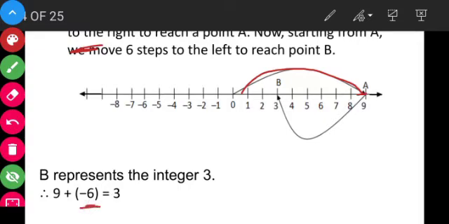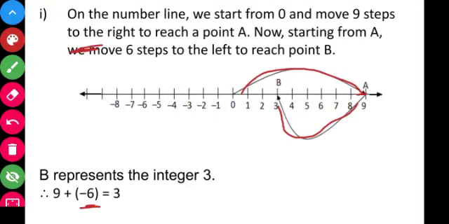So when you add a negative number, you move to the left side. So from 9 we have to move 6 steps left.